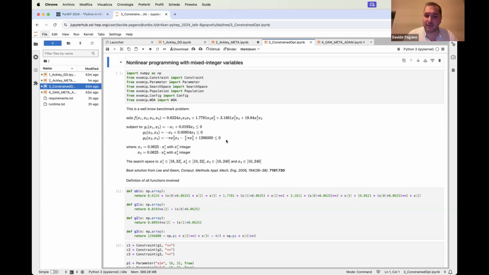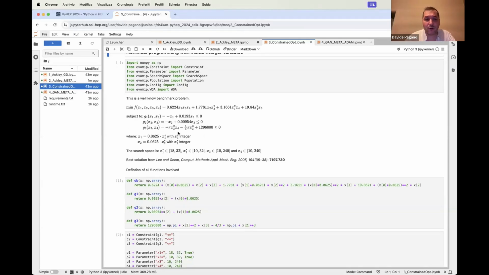Just an important note, in EvoMIP, the constraints should be in canonical form, which means, in simple words, that the right-hand side should be 0. It's not necessary that it is less or equal, it could be whatever you like, but the right-hand side should be 0.